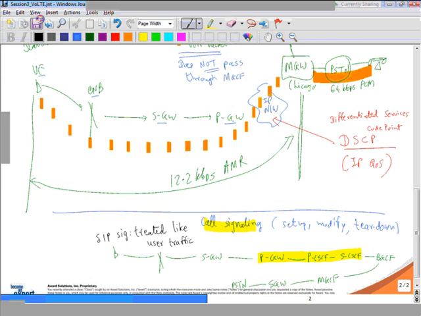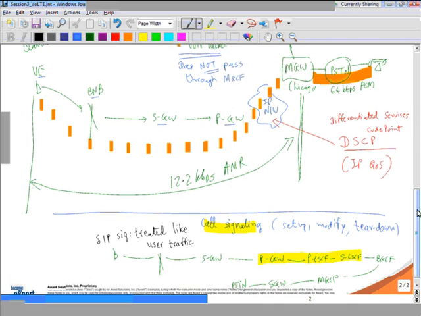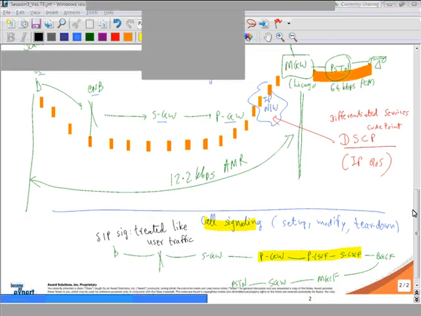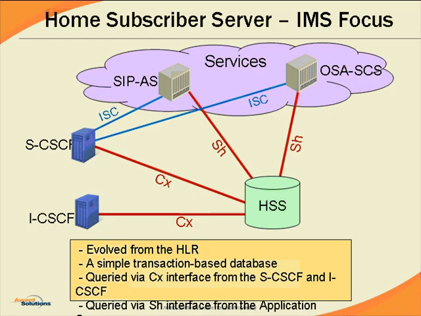However, we need some way of informing the UE who the proxy call session control function is. We need to give the UE the IP address of that proxy. That is the reason that as part of the attach operation, we are providing that proxy IP address to the UE, and MME needs to do that because the attach accept message is constructed by MME.